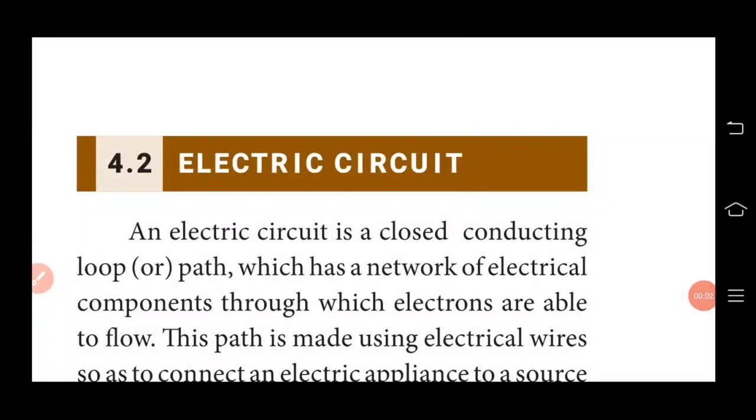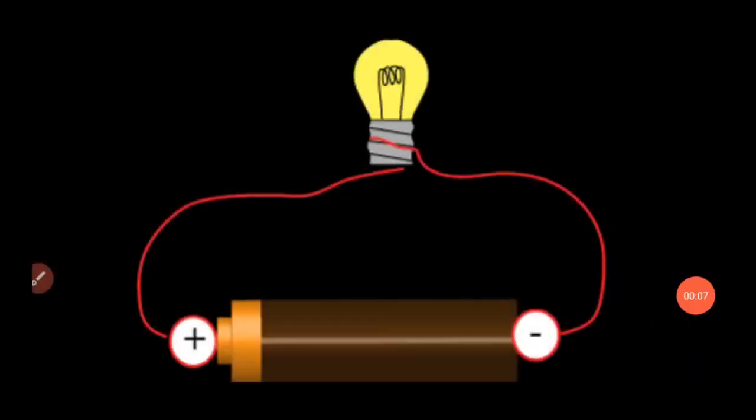Our next topic is electric circuit. Students, an electric circuit is a closed conducting loop or path, which has a network of electrical components.